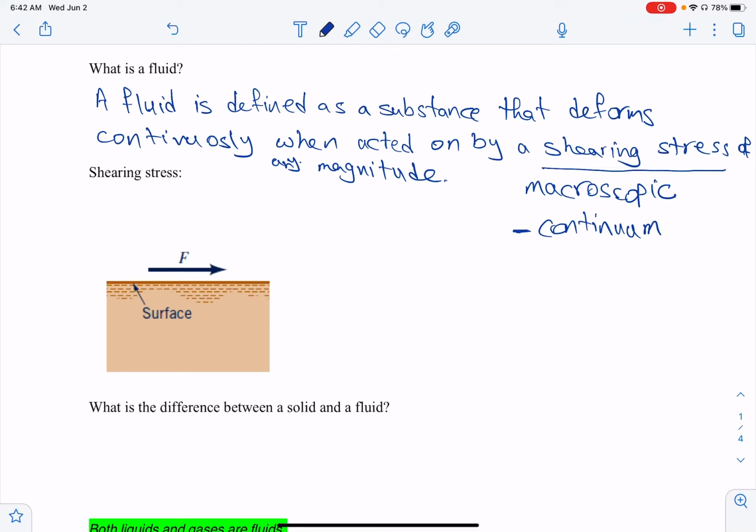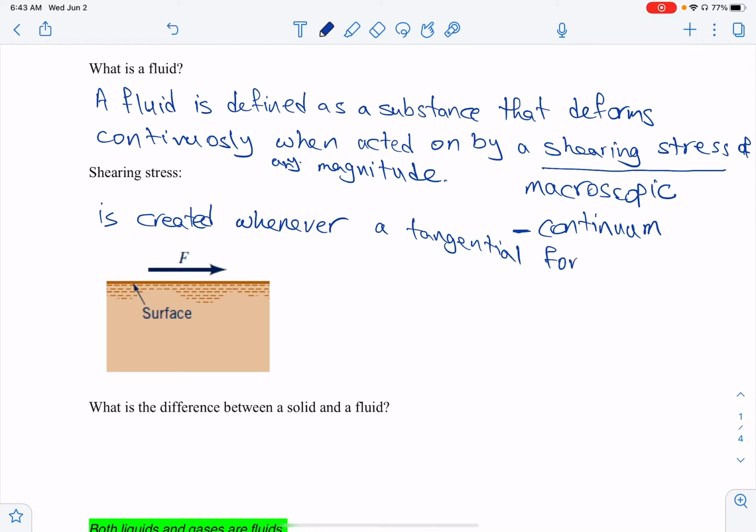Shearing stress is created whenever a tangential force acts on a surface, which you can see in this picture.